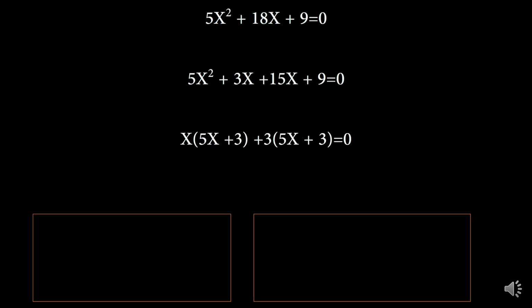For 5x squared plus 3x, the one in that bracket, the greatest common factor in that scenario is x. So I'll bring it out of the bracket. That can be written as x open bracket 5x plus 3 close bracket. Then for 15x plus 9, the greatest common factor is 3. So that is plus 3 open bracket 5x plus 3 close bracket is equal to 0.